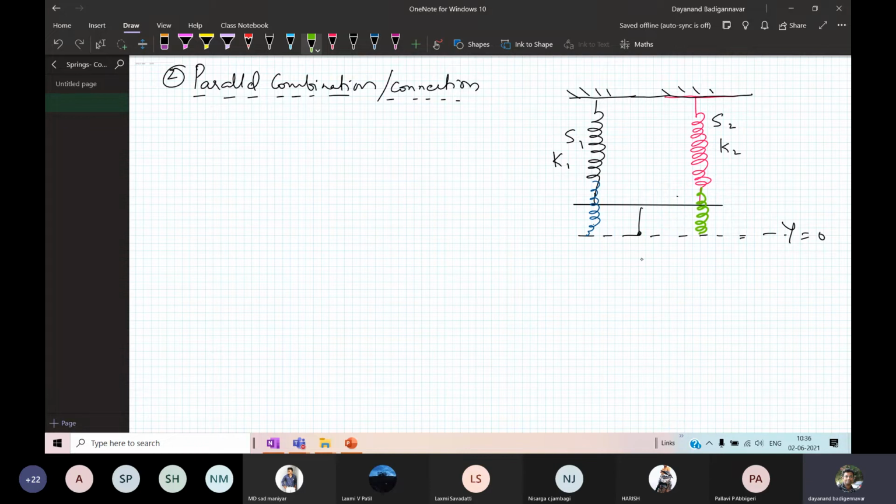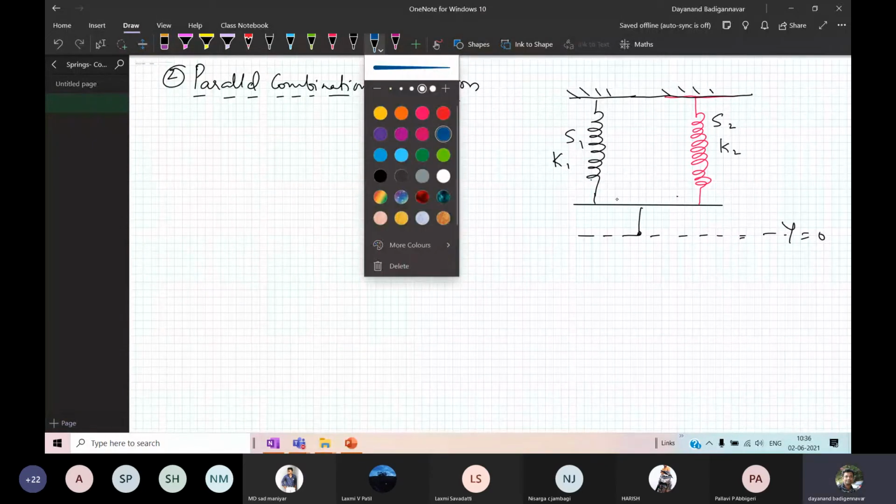So what is the elongation? Sorry, I forgot to mark the mass first. This is the equilibrium position. Once I apply a mass, it gets elongated. So what is the elongation?